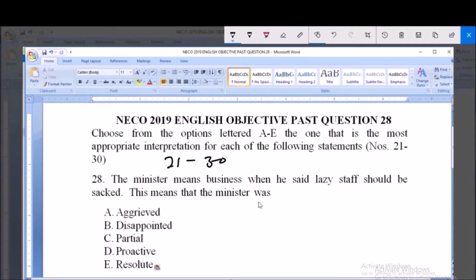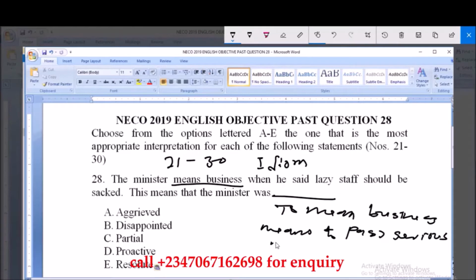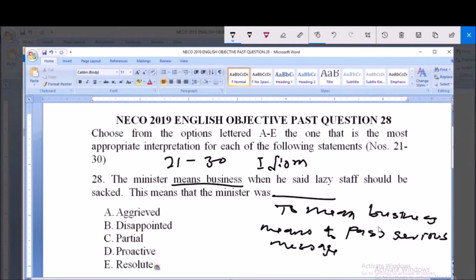This means that the minister was dash. Our focus of idiom is means business. To mean business means to pass a serious message.